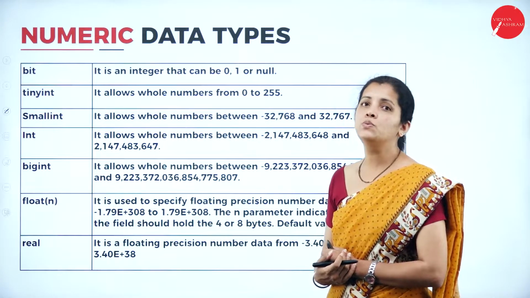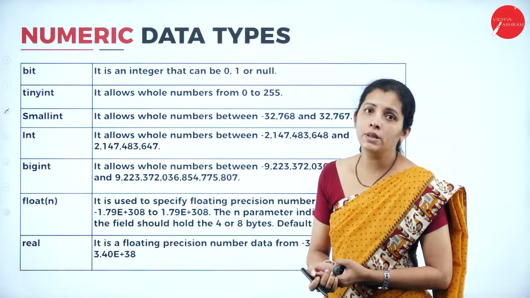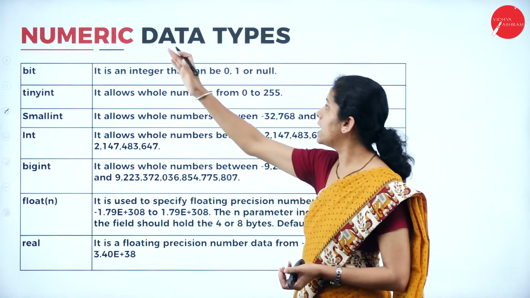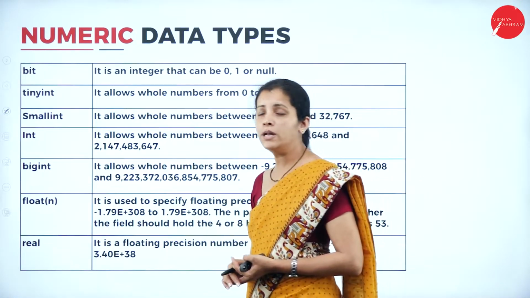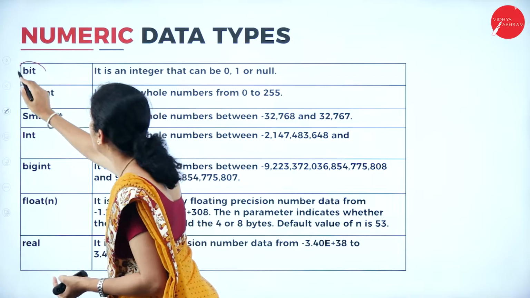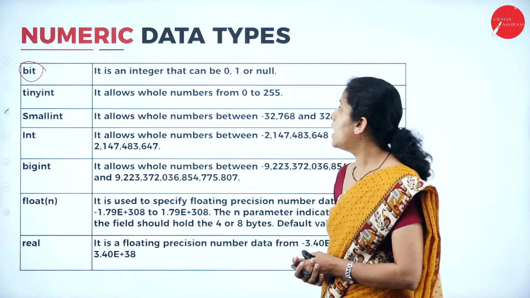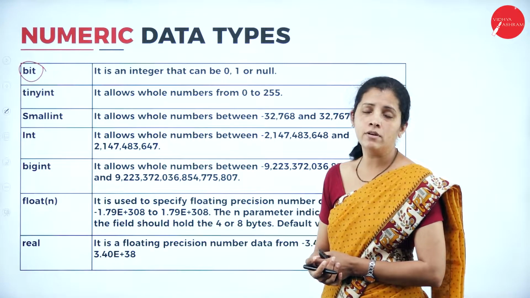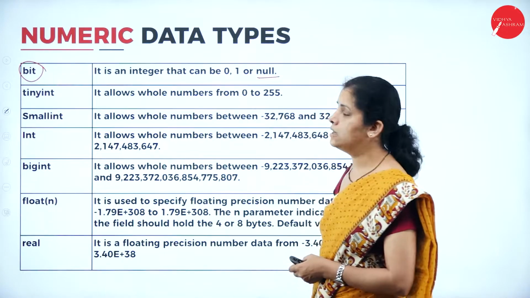So numeric means what? It is nothing but numbers. When I want to play with numbers, then I can use numeric data types. Under numeric data types, at the beginning, I am going to have bit. So what is bit? I can have either 0 or 1 or null.